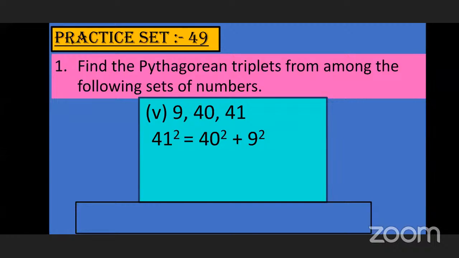Miss, repeat the question. Find out the square of 41. 1681. Yes, excellent. The square of 41 is 1681. And the square of 40 is 1600.